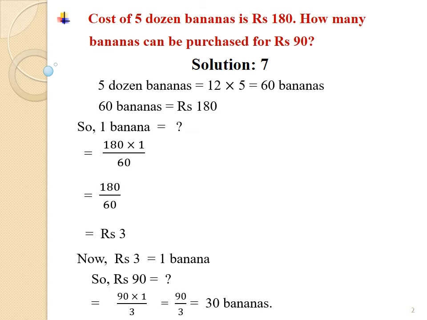Now, multiplying 90 by 1 and keeping denominator 3 as it is, we get 90 upon 3. Now, dividing 90 by 3, we get 30. Thus, 30 bananas can be purchased for rupees 90.